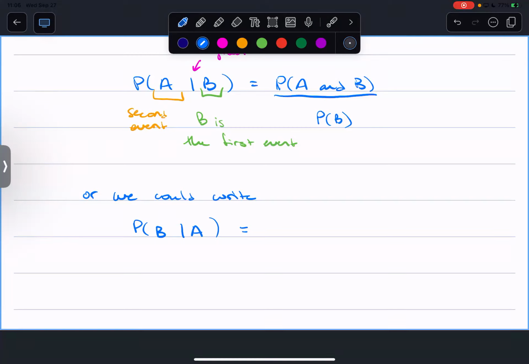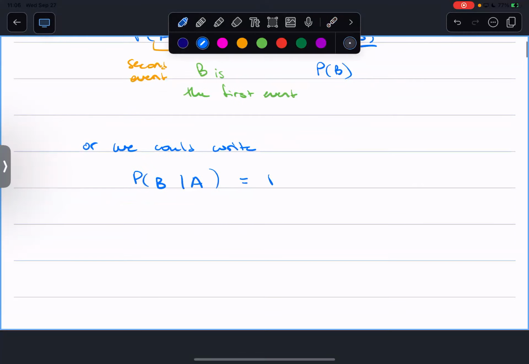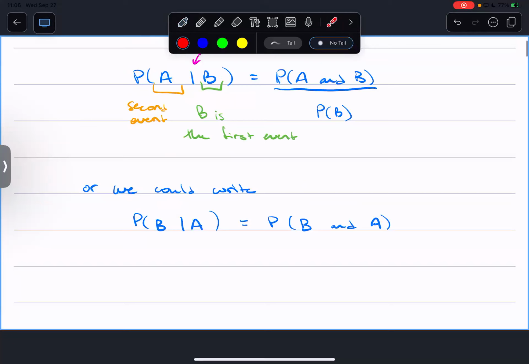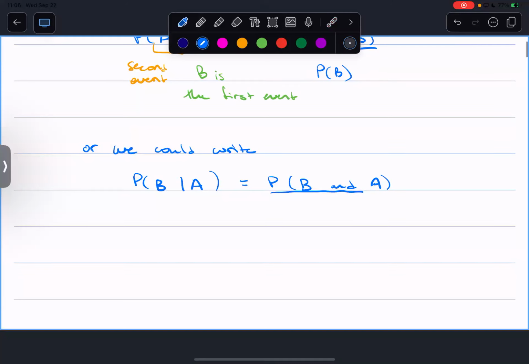You read it as the probability of the first thing and the second thing, whatever they are. So the probability of B and A, which notice that that's the same as up here. And then now divided by the given probability, which in this case is A.